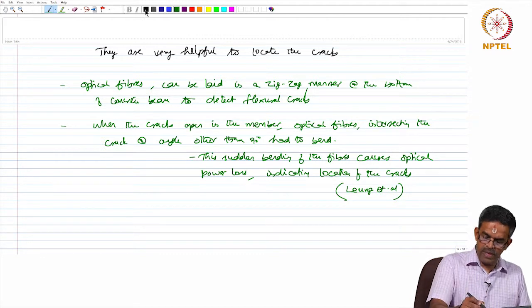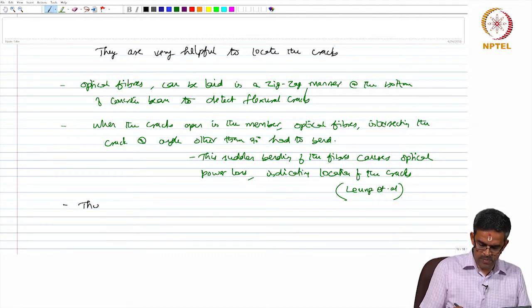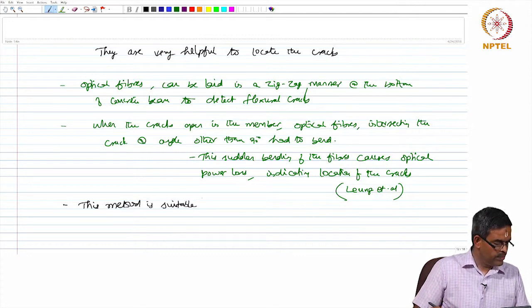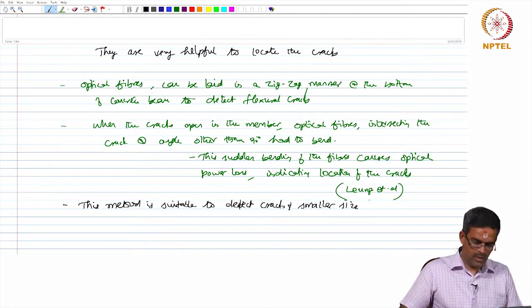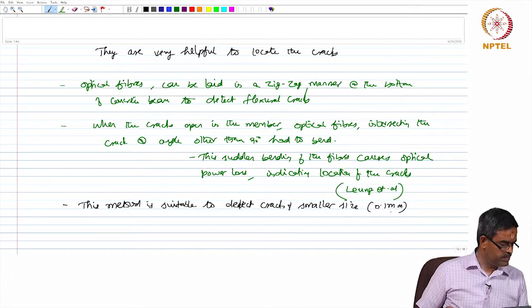This method is highly suitable to detect cracks of smaller size, let us say about 0.1 millimeters.